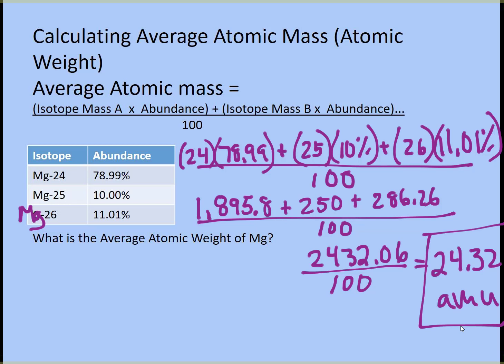And if you look on your periodic table, you'll see that we're pretty close. So in a certain sample, you're going to have magnesium 24, 25, and 26. And to find the average, it's a weighted average. So again, multiply the isotope mass times the percent abundance, and then at the end divide by 100, and then you'll get the average atomic mass.